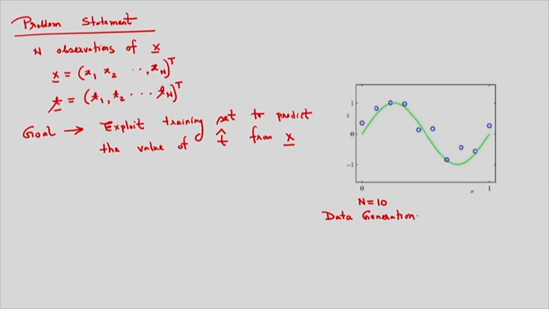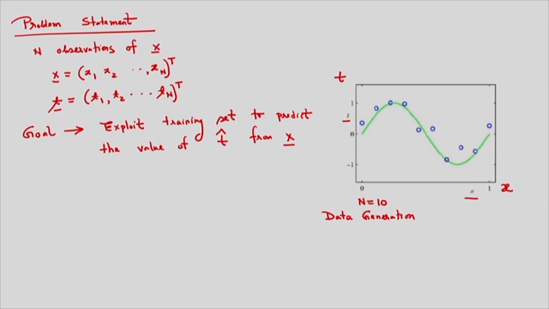So this data is spaced uniformly in the range of 0 and 1. If you see the x-axis, x is the observation and t is the target value. So x and t: on the x-axis it is x, and these are the 10 observations, and t is the target value.